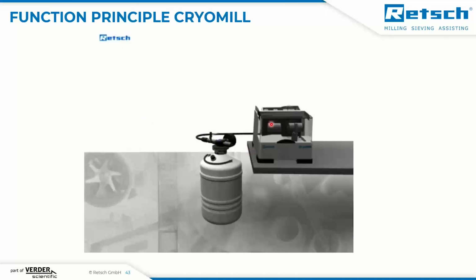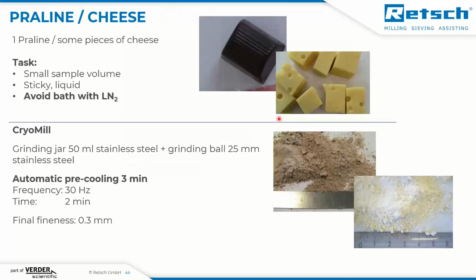What comes out at the mill at the rear side is just evaporated nitrogen, and it's a very safe system. And it also allows you to program cycles and to program the pre-cooling time, and it's more reproducible than just waiting until this liquid nitrogen bath stops boiling and then take over the sample into the mill and so on. So it gives you a little bit more options in the programming.